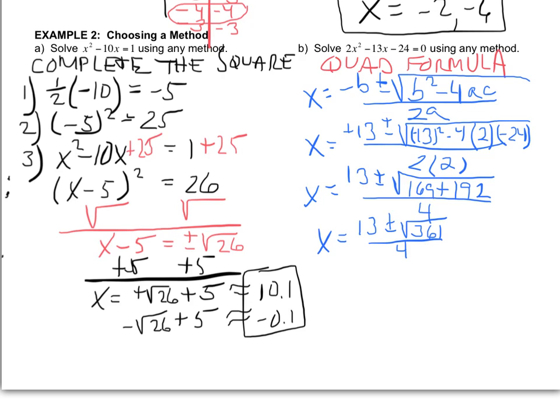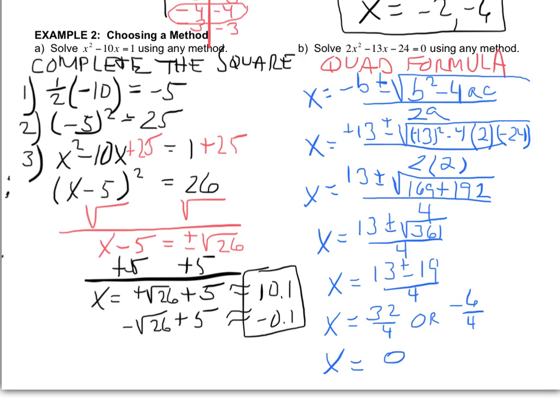That's going to give me x equals 13 plus or minus 19 over 4, which is going to give me, when I do 13 plus 19, 32 fourths, or 13 minus 19 is negative 6 fourths. So my answers here are 8 or negative 3 halves.